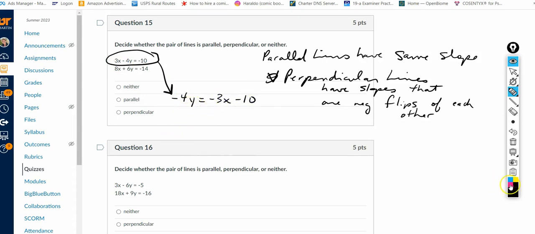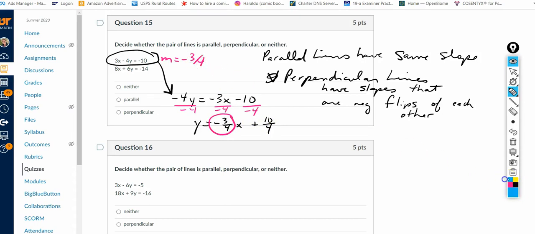And then let's divide everything by -4. And I'm going to be left with y is equal to +3/4 times x, and then plus 10/4. I don't even have to reduce that in this case because I can see that the slope of the first line is -3/4.